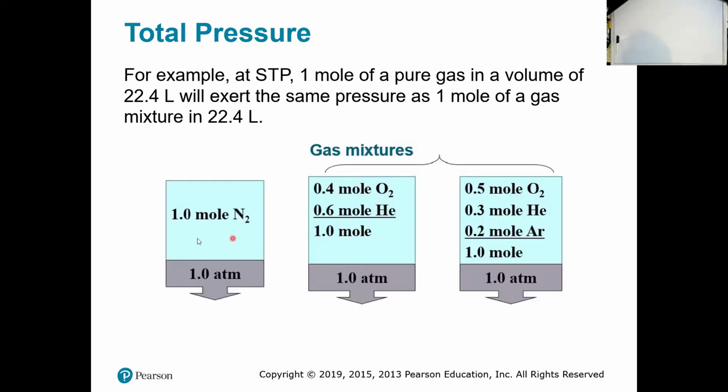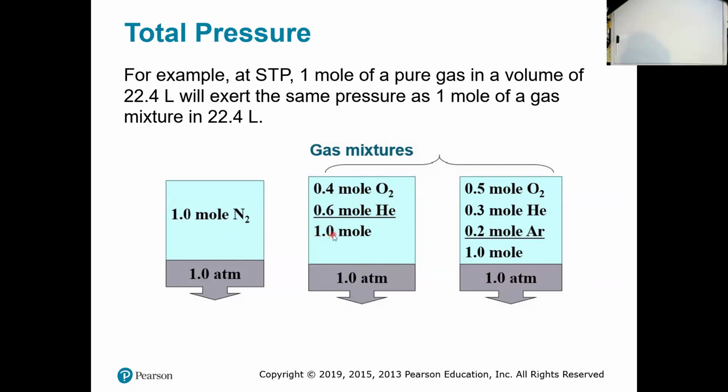What we've got here, we have an individual gas all on its own. We have 1 mole of nitrogen. The pressure is 1 atmosphere. In this second example, instead of just having 1 mole of a gas, we have 2 different gas samples, 0.4 moles of oxygen and 0.6 moles of helium.